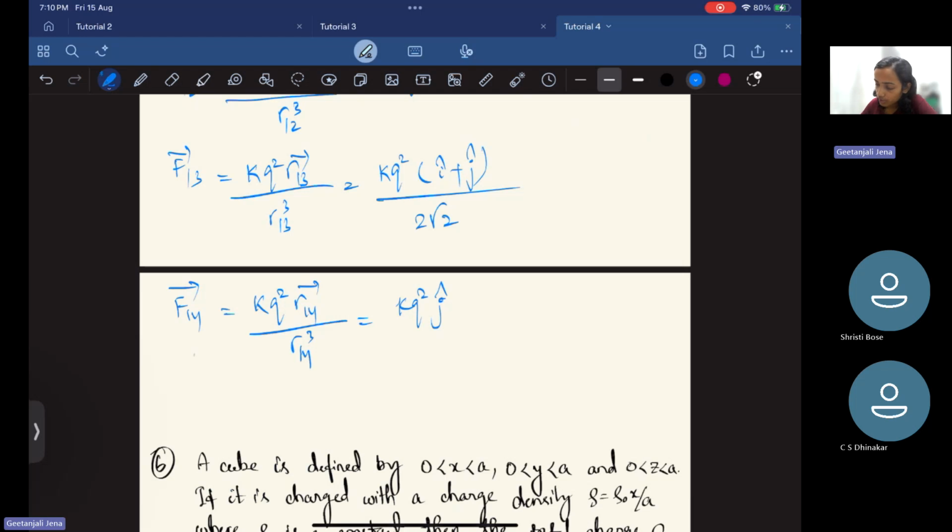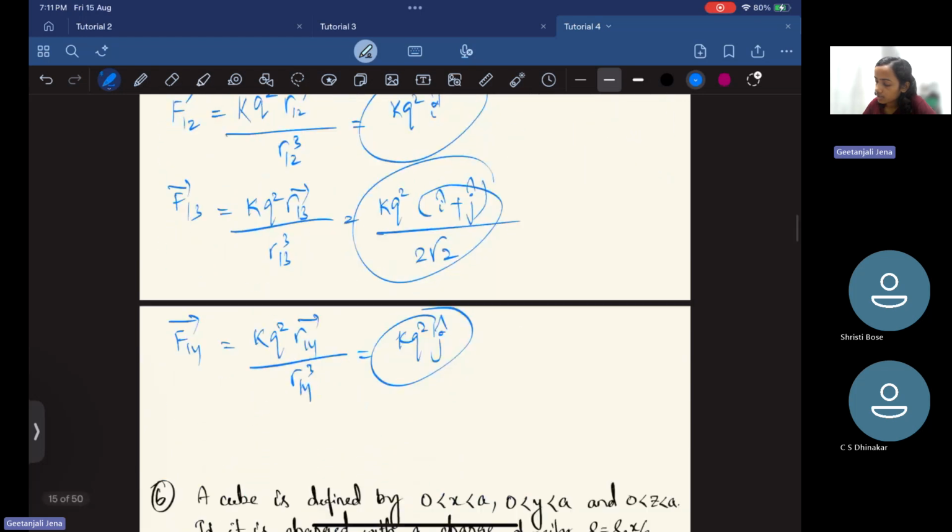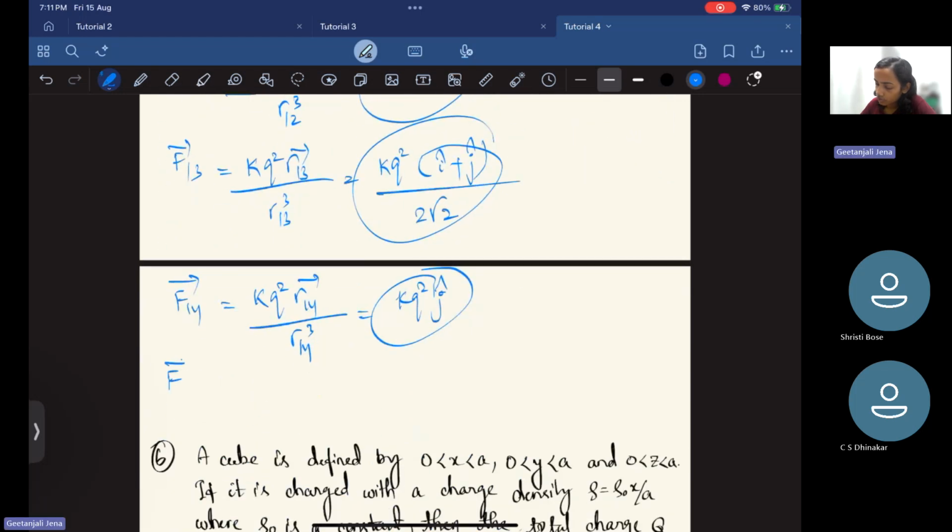So the total force will be the summation of these 3 forces. So F total will be KQ square IK plus JK plus IK plus JK by root 2.